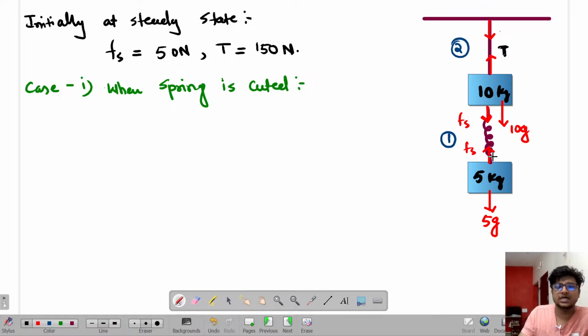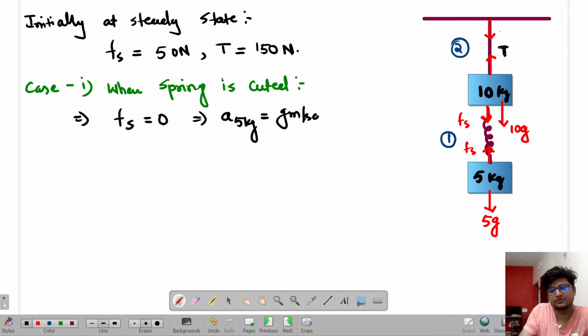As you cut this spring, spring force will instantly become, as I have cut the spring, how much? 0. So this means that acceleration of 5 kg will be how much? g meter per second square, and that will be downwards. Is that clear or not?